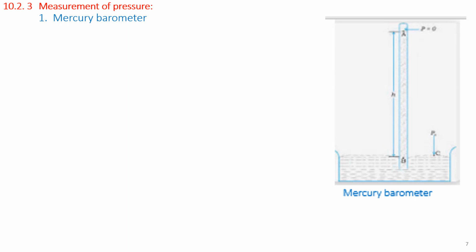He used a long glass tube closed at one end and filled with mercury, which was inverted into a trough of mercury as shown in the figure on the right hand side. This device is known as the mercury barometer. So, atmospheric pressure is measured by a mercury barometer.